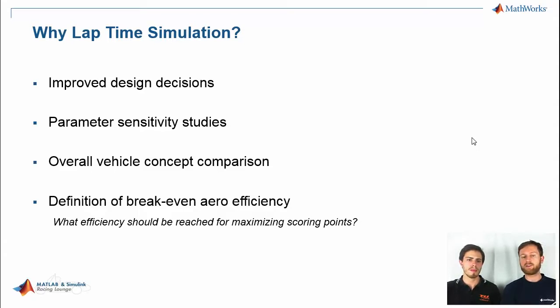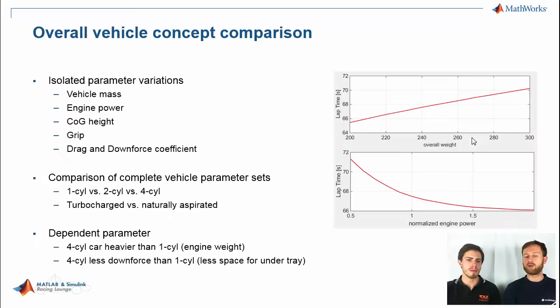But before doing so, let's move on and get an overview about how you apply lap time simulation. So we use it for different things. We, for example, isolate the parameters, like the vehicle mass or the engine power, and we vary them with a defined step size, and then we see how that parameter affects the lap time.